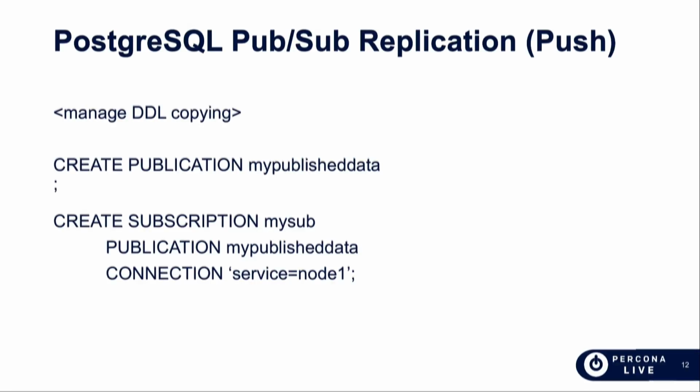So in order to use this, you would create a publication on one node, and then you would add tables to that publication. So you might have tables X, Y, and Z on that publication. And then somebody else from a different node can create a subscription that reads data from that publication and then places the data changes from that publication into local tables.